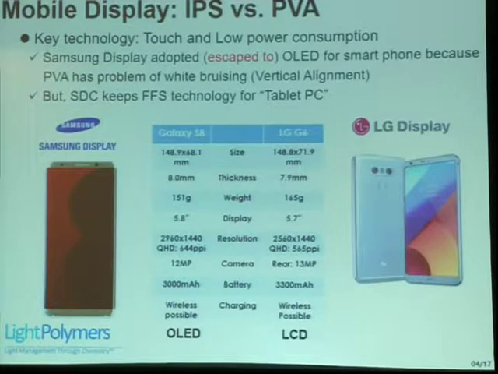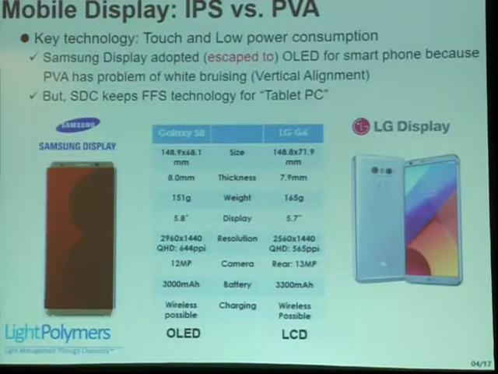So in this case, at that time, the LCD division at Samsung Electronics and LG Display had already developed the IPS mode. Samsung Display didn't want to compete with LG Display by using the IPS mode.